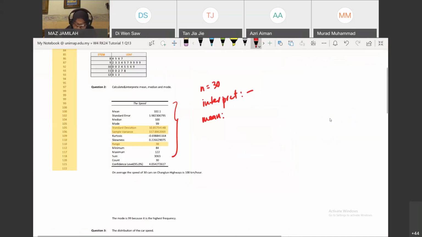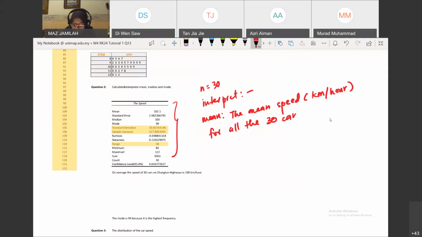For the mean, you should say: the mean speed in kilometer per hour for all the 30 cars is what? The mean is 102.1 kilometer per hour. So this is how you should interpret the mean.